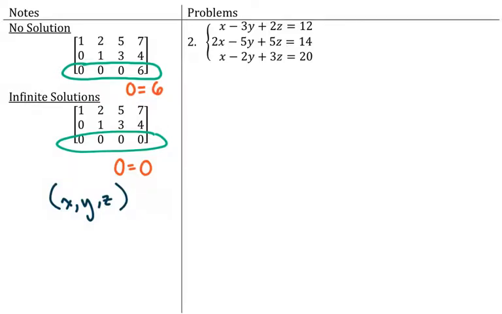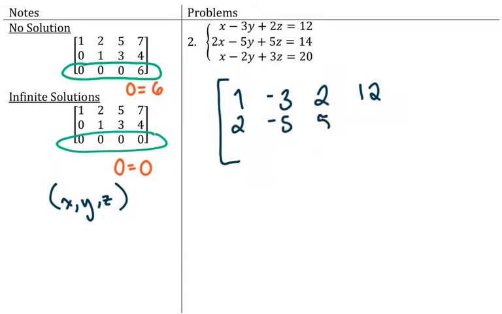So we can practice to see what that will look like here. We've got our terms. If I want to write the augmented matrix, this would be 1, -3, 2 is equal to 12. 2, -5, 5 is equal to 14. 1, -2, 3 is equal to 20.